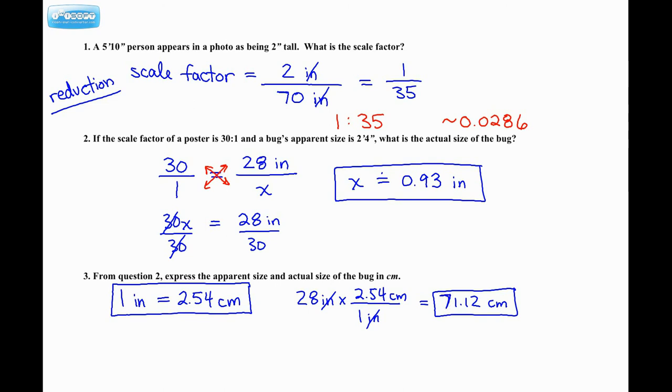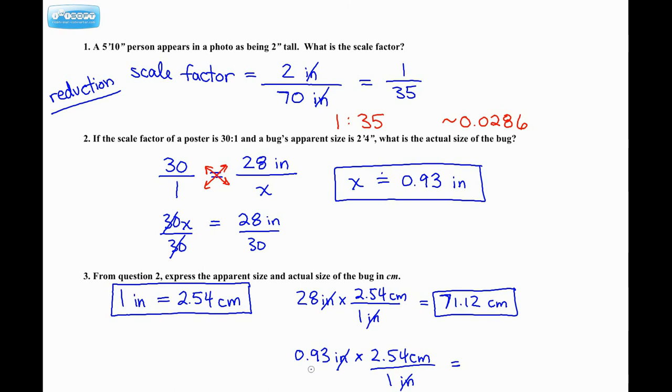Okay, but we want the actual size in centimeters, and we worked that out as about 0.93 inches. So this would be 0.93 inches times 2.54 centimeters per inch. Okay, and we work this out.